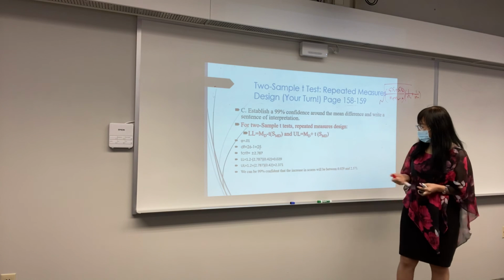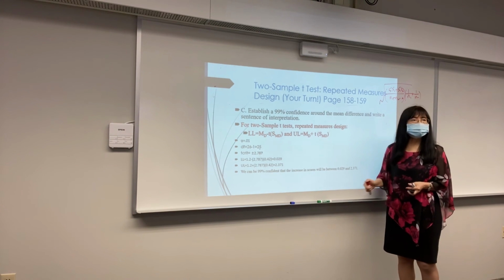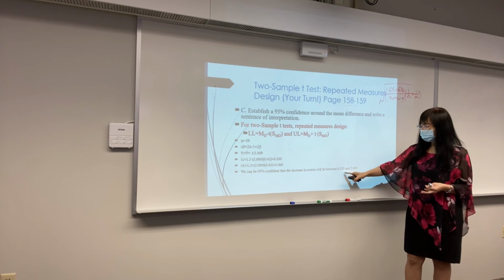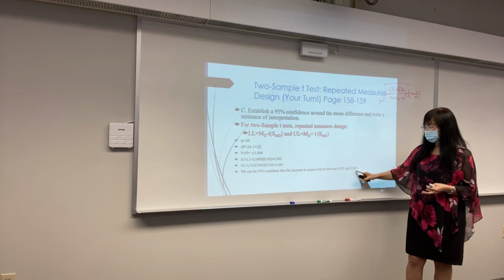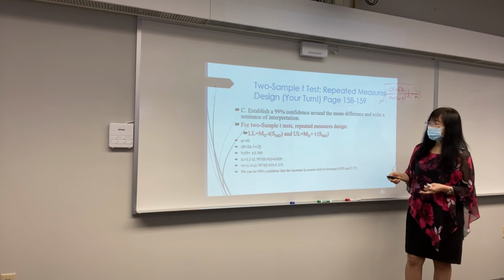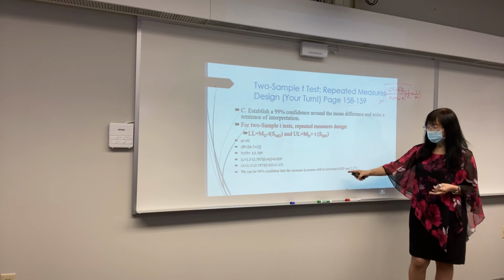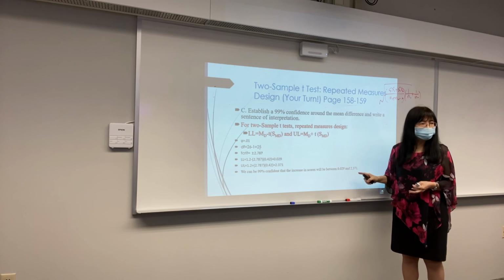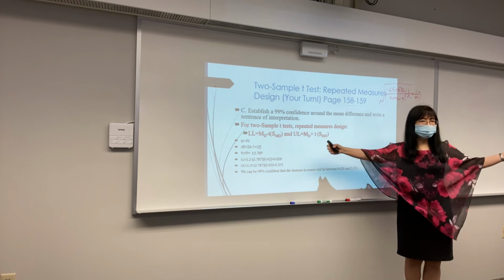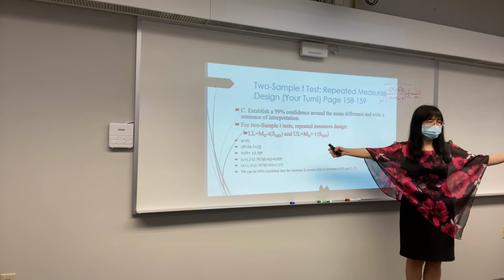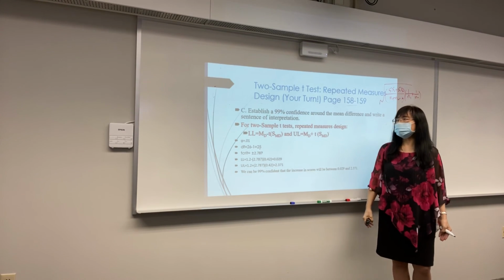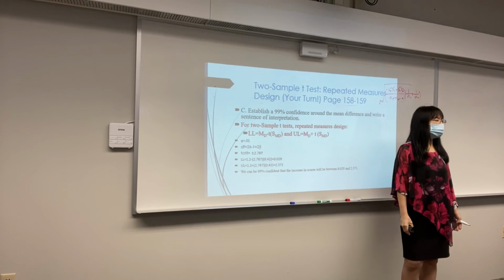So you can see which one is the bigger range. 95% is 0.335 to 2.065. 99% you can get 0.029 to 2.371. Your confidence level is even bigger, so the range is bigger. So it depends on how much confidence you want to put.